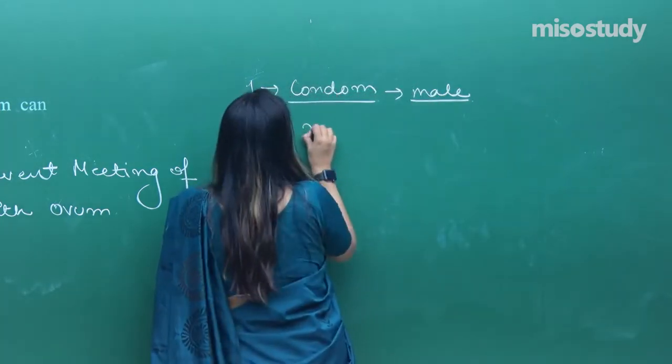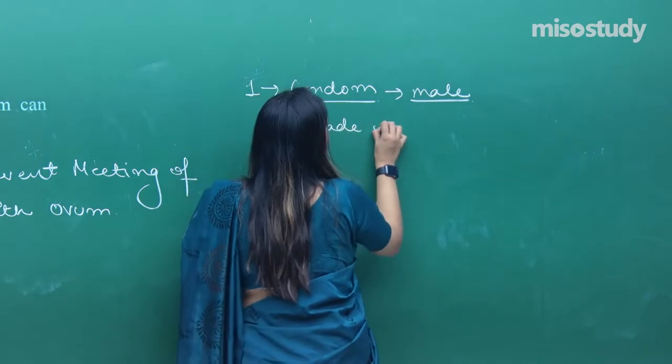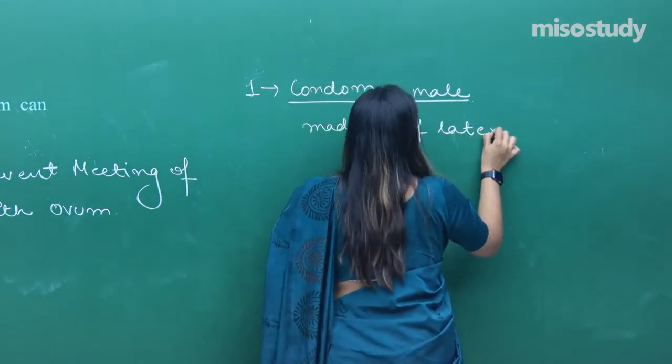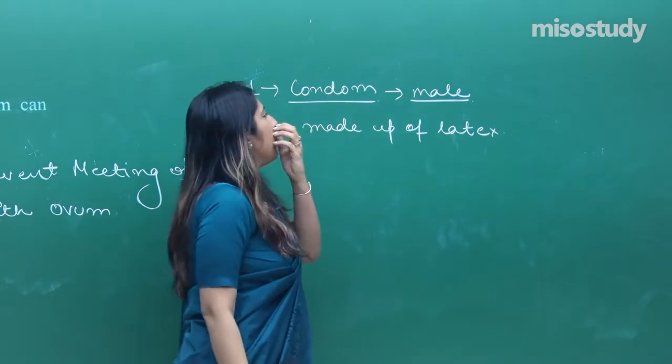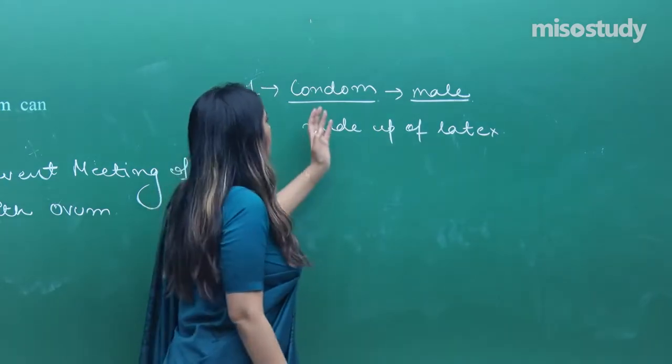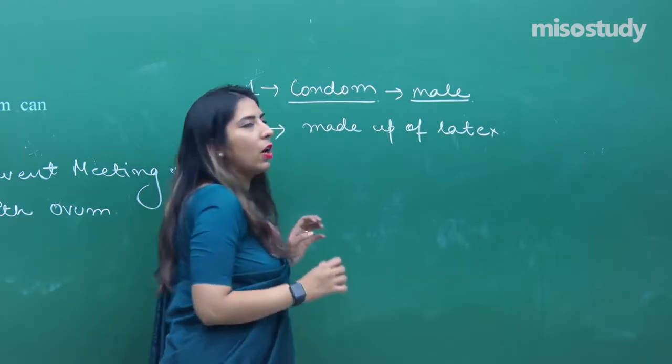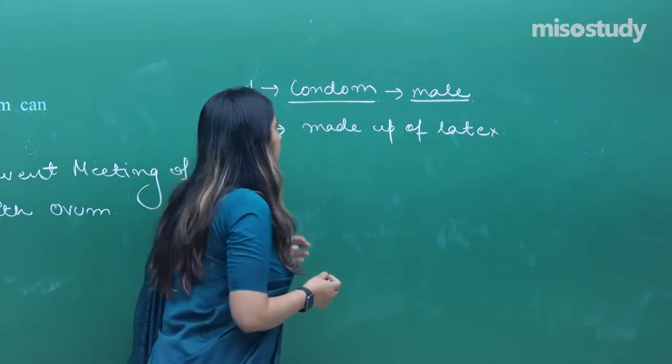They are made up of latex, and a male wears such a condom over the male reproductive part so that the sperm cannot be inserted into the female vagina, right?